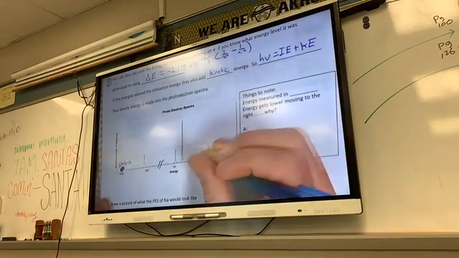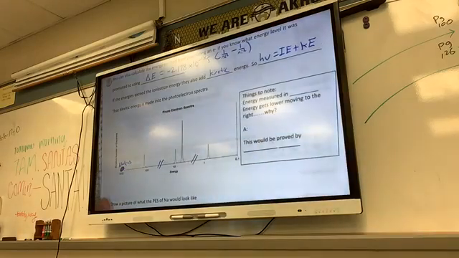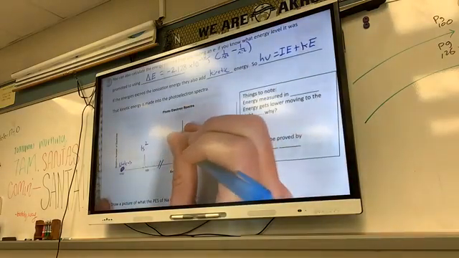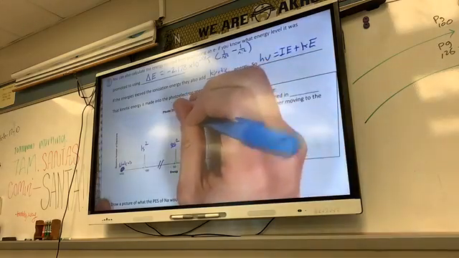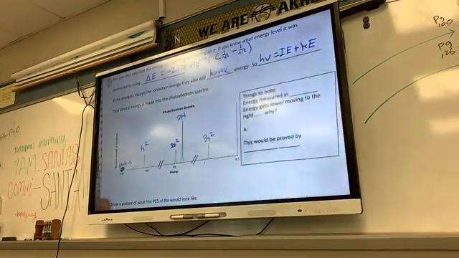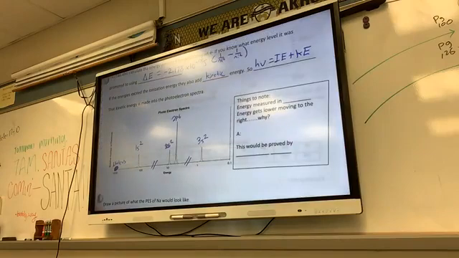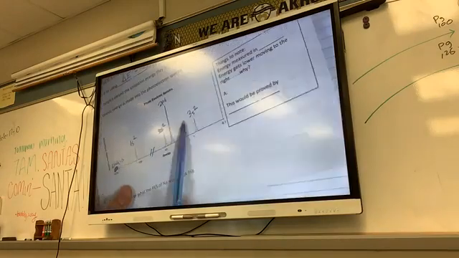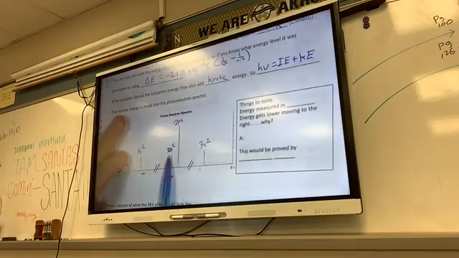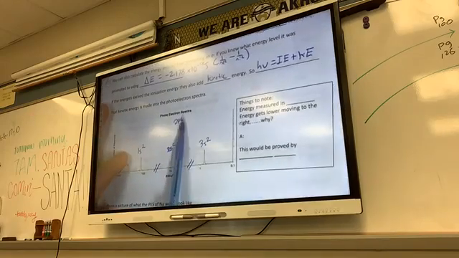I could also label this 1s2, 2s2, 2p6, 3s2. Does that make sense? Would you agree that this peak is 3 times the height of this? That means there's 3 times the electrons.